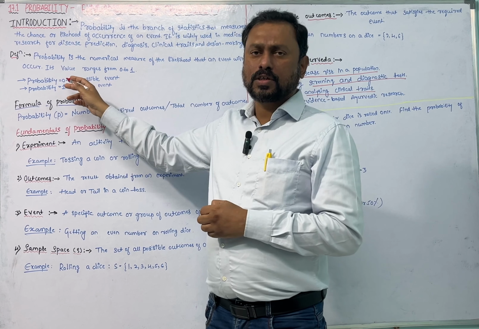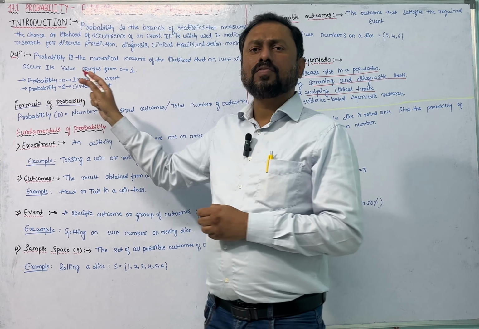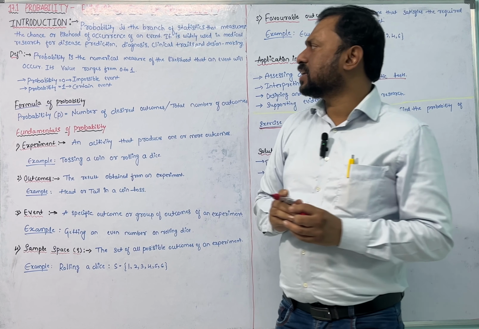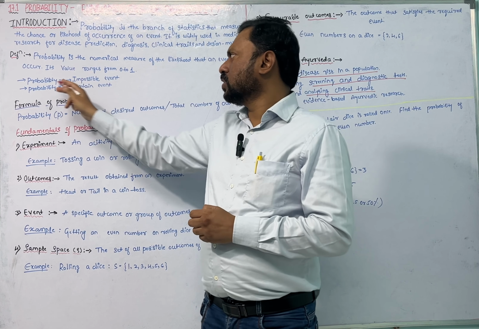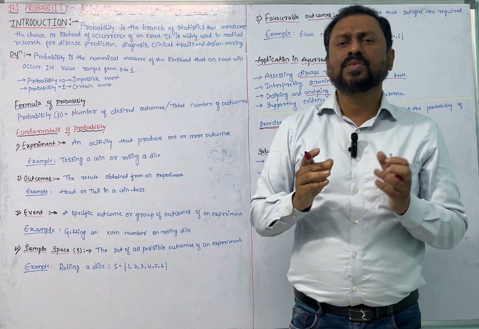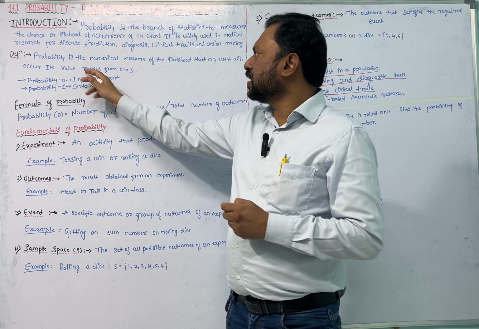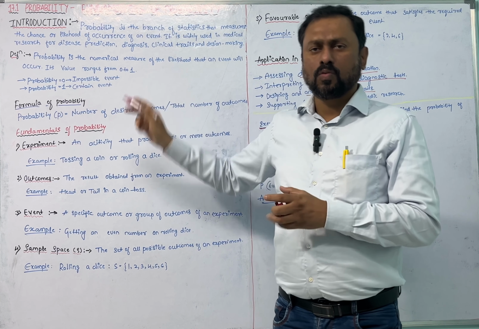That is not possible, an impossible event. This type of event we denote with probability 0. That's why whenever we are measuring probability, the range is from 0 to 1.